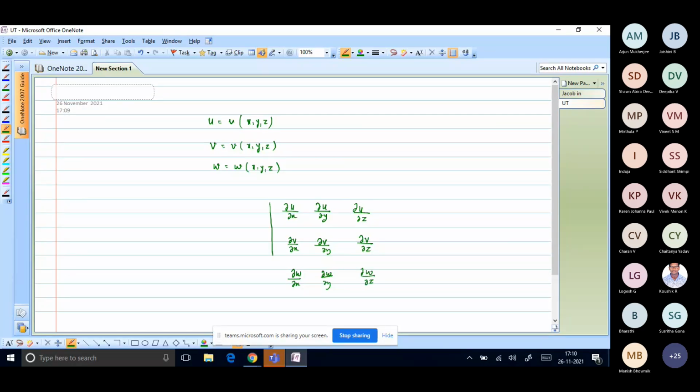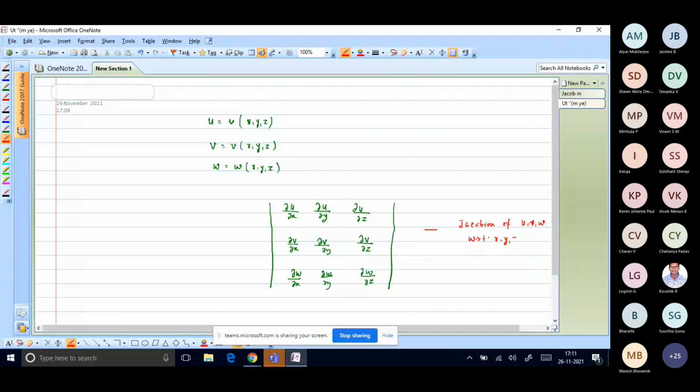So this determinant is called the Jacobian of u, v, w with respect to x, y, z. Is it clear to all of you? Yes, sir.